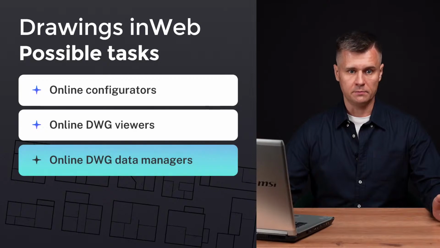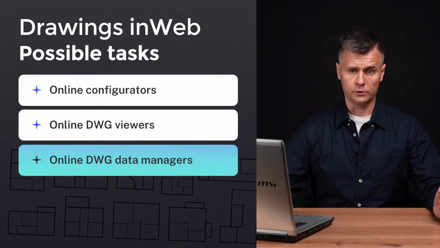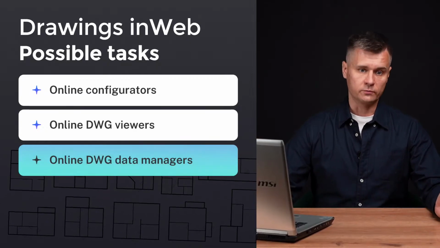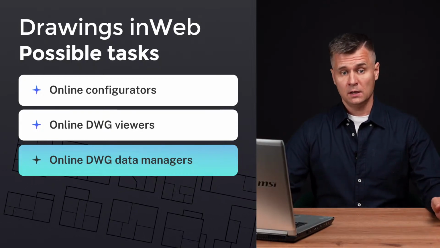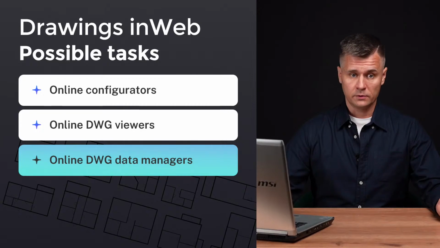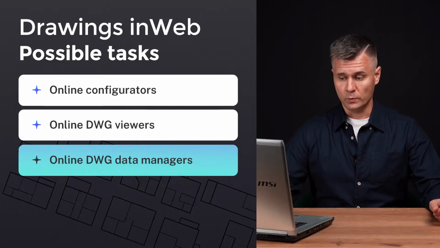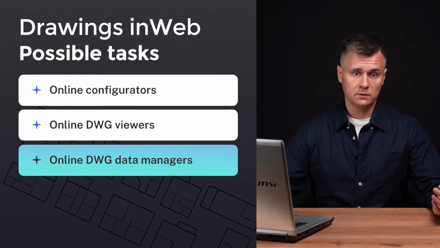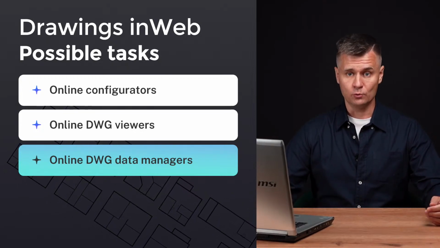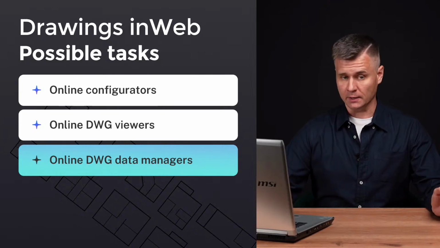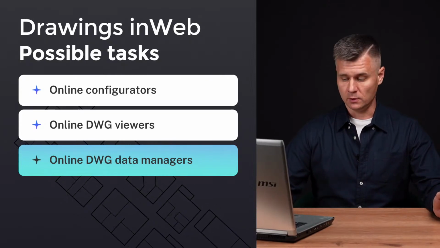And different data managers, when you need to introduce edits or extract data from a DWG model. So again, everything may be done using our drawings in Web SDK, and thus you will have a fully web solution ready to inject in any DWG based workflow.